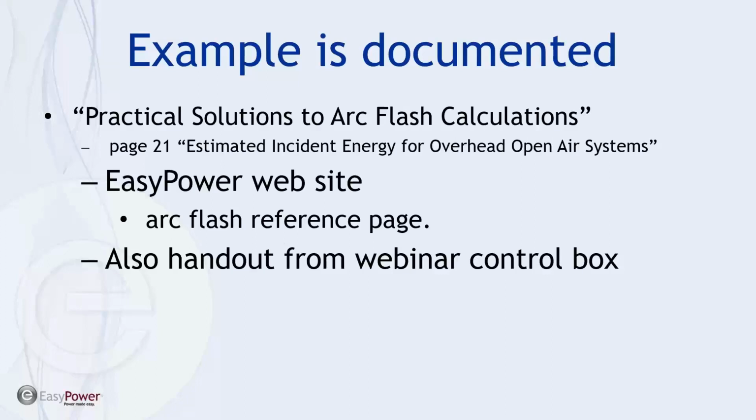There's a book produced by Conrad St. Pierre that is available for sale, $120 to $130, and it's the Bible, if you will, for Arc Flash analysis. What is available on our website is called the Practical Solution Guide to Arc Flash Calculations, a shortened form focused more on the abbreviated discussion of how to do the calculations.